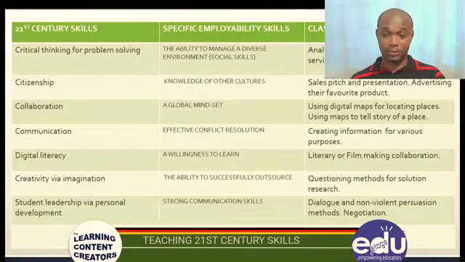So look at knowledge of other cultures. You need knowledge of other cultures to be able to work with them, to help them, and to be of value and importance to them. So we have to teach these skills. Those are employability skills. Then we look at global mindset. What are we talking about?